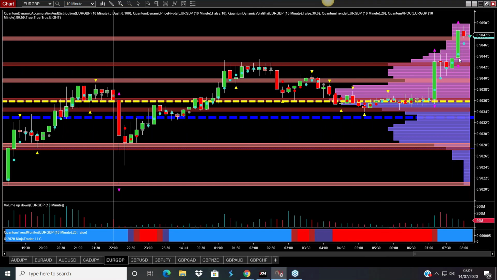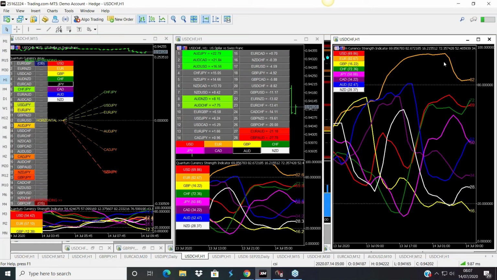The euro, not so sure. We'll have to wait and see. And this is what we're seeing in terms of the price action for the euro pound. It fell off, it turned over, but it looks like it's going higher. This can be oversold. There will be a turn, but at the moment it seems like heavy selling in the pound.